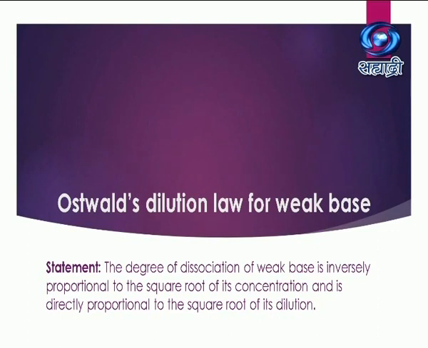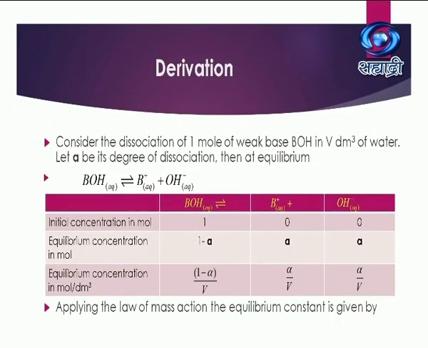The degree of dissociation of a weak base is alpha. So according to the mathematical relation, alpha proportional to square root of 1 upon C, or alpha proportional to square root of V. So the same relation which we saw for a weak acid, we are going to consider in case of a weak base also. So consider the derivation on the same lines.